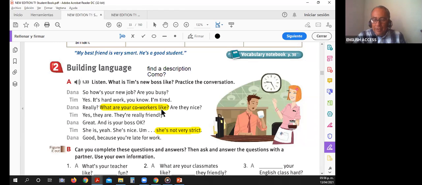In this case, we are using like to ask for the description. Are they nice? And then Tim says, yes, they are. They are really friendly. So here, like is not gustar. Like is a helping verb to ask about a description. A description of many things. In this case, the description of the personality.